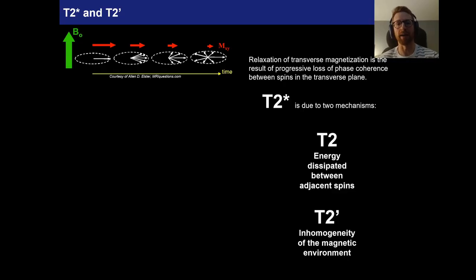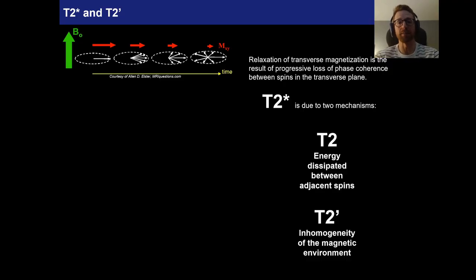So let's talk a little bit about these time constants. So T2 is what we talked about before, but we didn't really talk about the mechanism. So T2 is due to, or it's thought to be due to, energy transfer between adjacent spins. And so the way I think about that, fluids like water are going to have long T2, right?